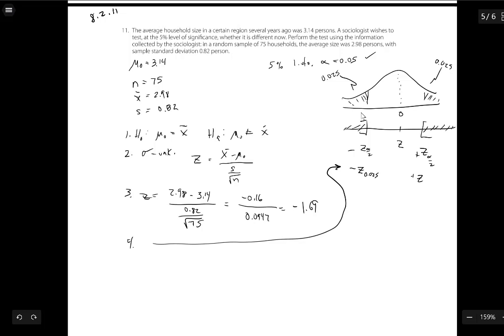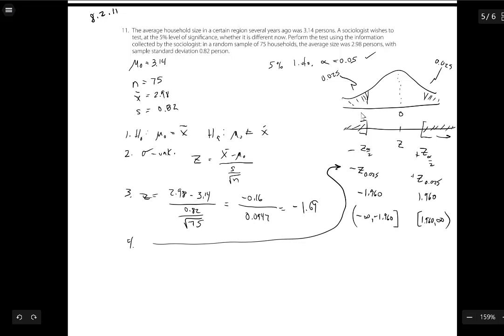Again, we can look inside the cumulative table to see what z-value gives us 0.025, or we can use the t-distribution with degrees of freedom at infinity at t of 0.025, which is the way I did it, because we can pull the number directly off the t-distribution. So this will be a minus 1.960 or a plus 1.960. Essentially our interval is from minus infinity up to minus 1.960, or from 1.960 out to positive infinity. In other words, all this area or all that area.